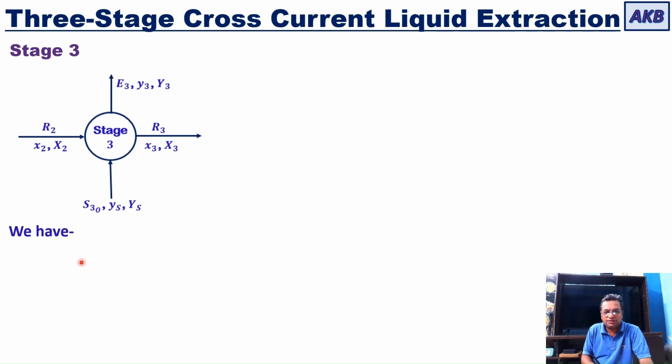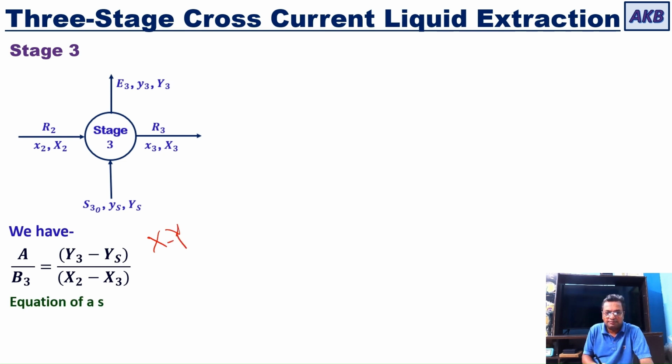Okay, so for stage 3, we have got this A upon B3 is equal to Y3 minus Ys divided by X2 minus X3. So on the XY plot, this is a straight line. This is the equation of a straight line. Endpoints of this straight line are, one endpoint is capital X2, Ys, whereas the other endpoint is X3, Y3.